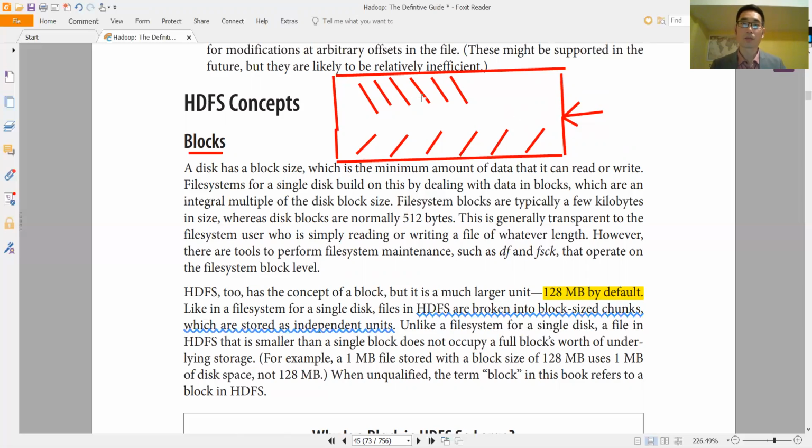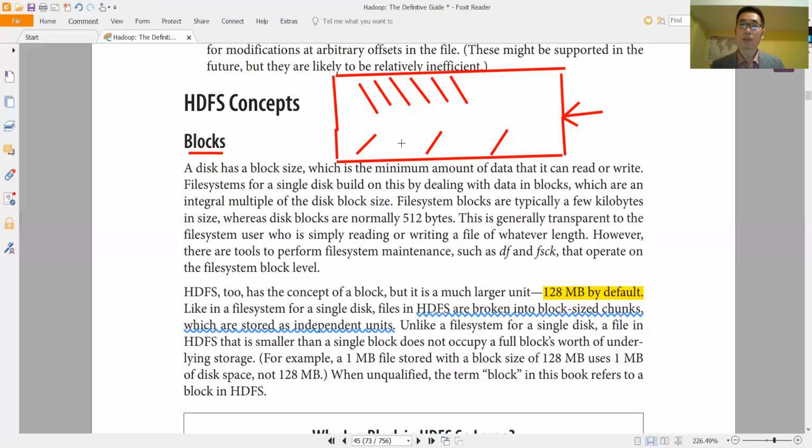The design on top is not a good one. So you probably use the design like the one on the bottom. That means I use a much bigger block size because most of the time the files coming in are big. If a big truck comes into my parking lot, I use the bottom space.